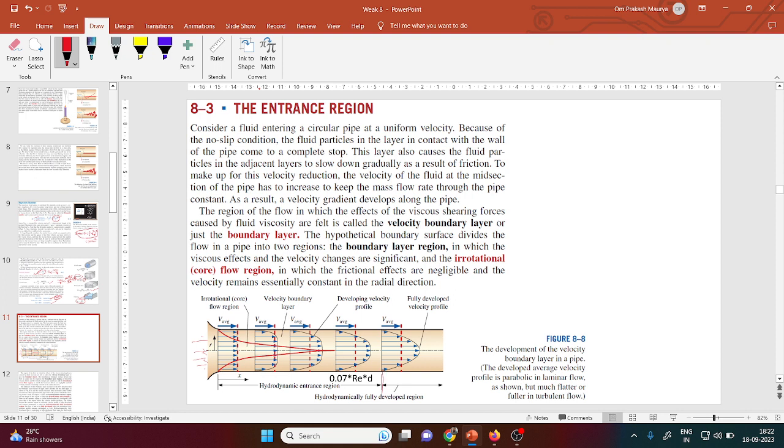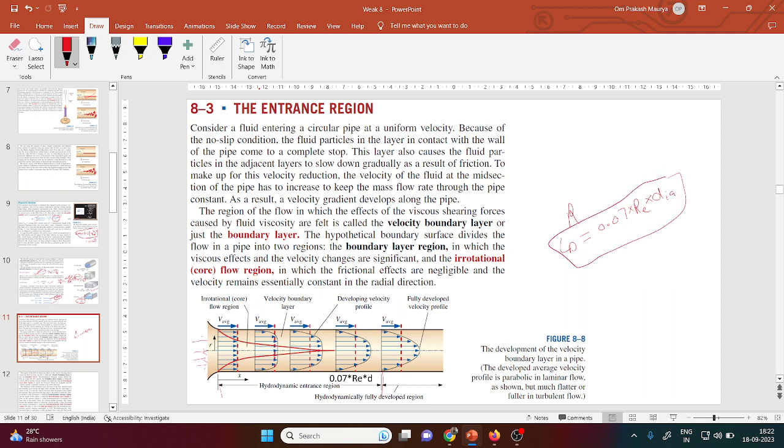This distance is known as the hydrodynamic entrance region or fully developed length also. For the laminar case, this development length, let's say LD, is 0.7 Re, that is the Reynolds number, into the diameter of the pipe.